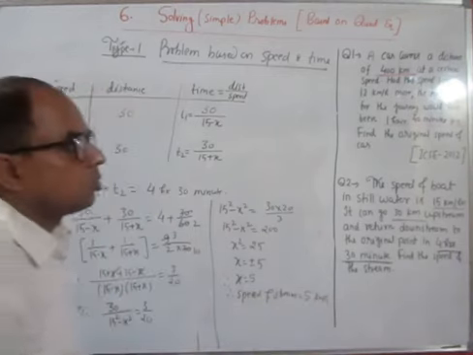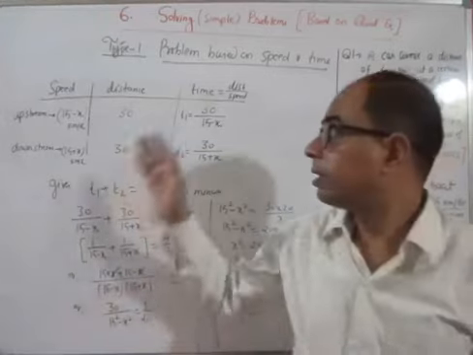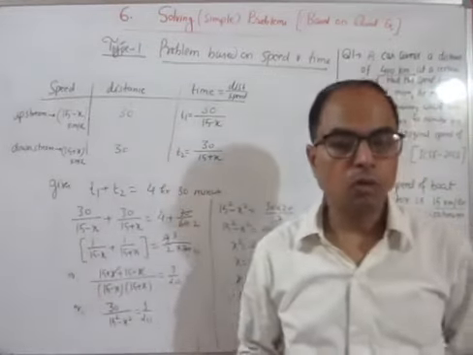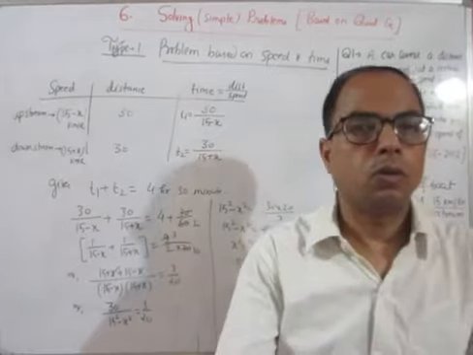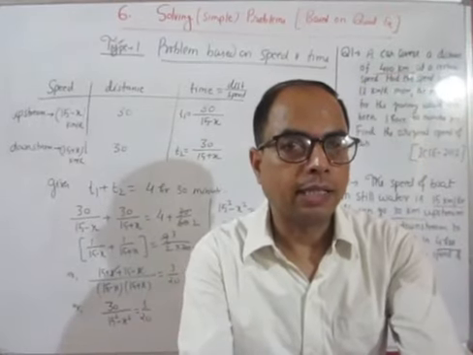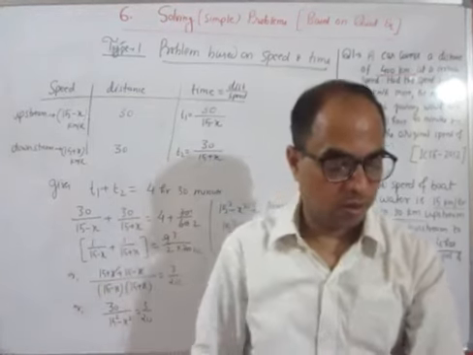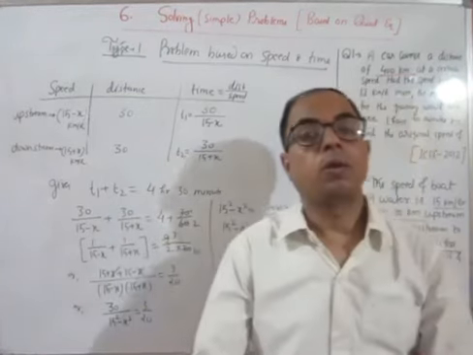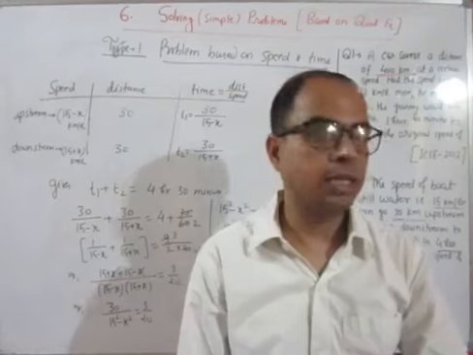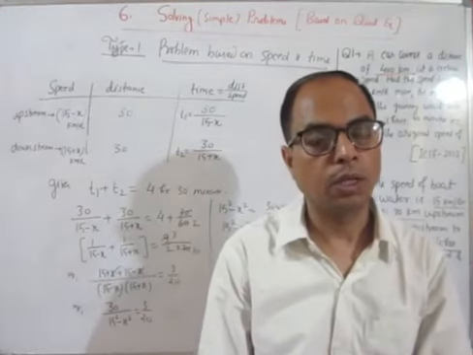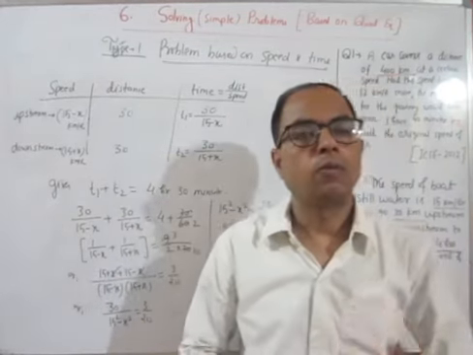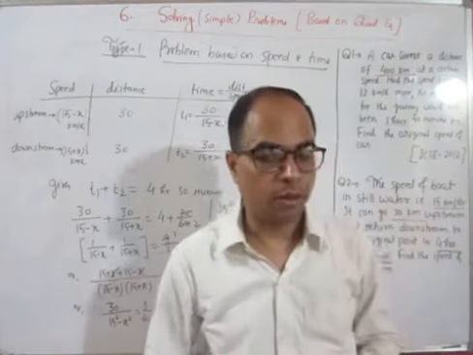So this is the way to solve speed-time problems. Now we will solve exercise 6C. After this, see the solution of exercise 6C, pen paper solution, and then you will get full command on this topic. Thank you.